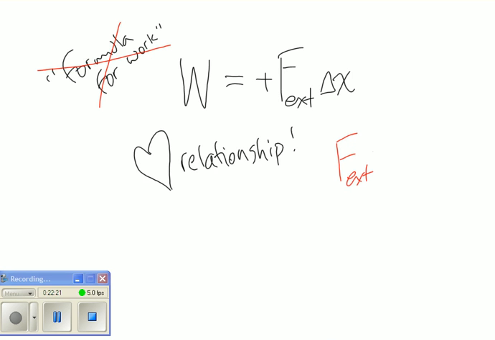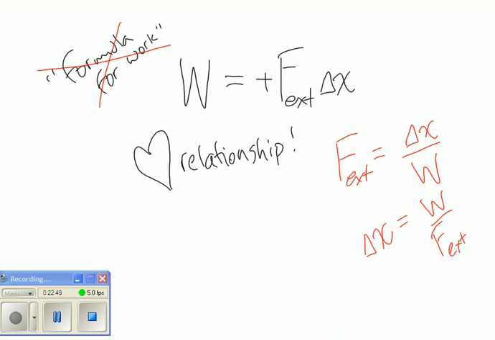The external force is equal to the work done divided by the displacement. Or the displacement of the system object is equal to the work over the external force. And we used this in all different ways.